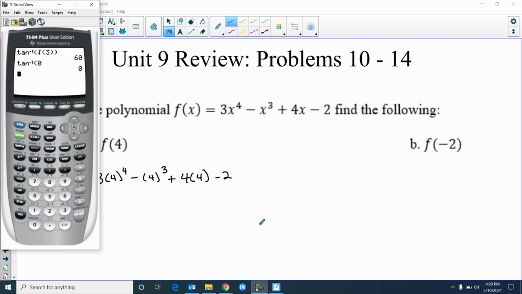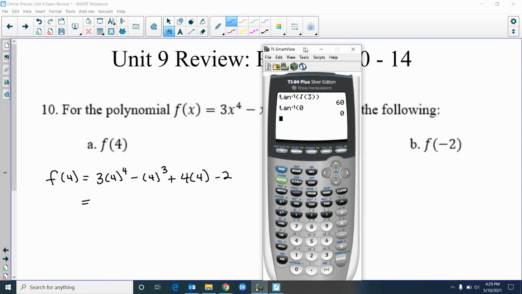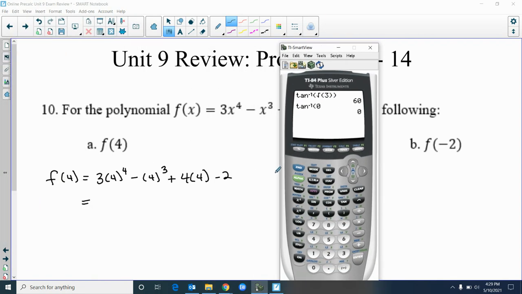Now, you could actually just plug this whole thing into your calculator if you wanted to and get your final answer, or you could go piece by piece. So you could take 4 to the fourth power and take that times 3. So you're going to get 768 for the first part.